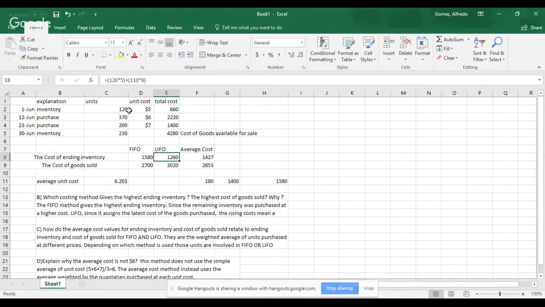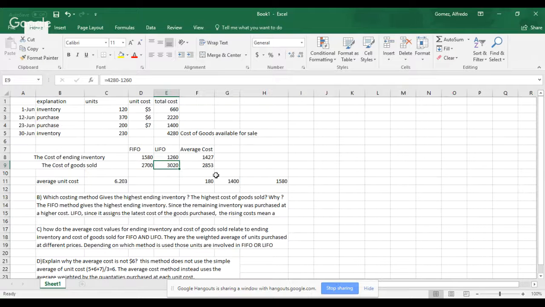We still need to find 110 units, so we'll take those from our next purchase. So the cost of ending inventory, the 230 units for last in, first out, is $1,260. For the cost of goods sold, we take the cost of goods available for sale minus the 1260, and that gives us 3020.